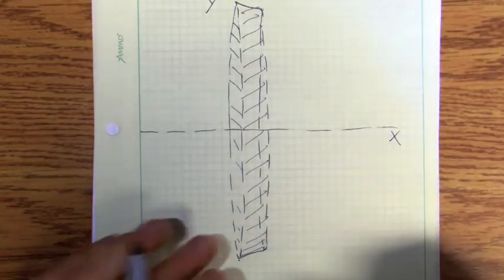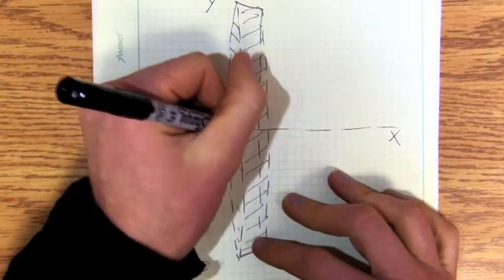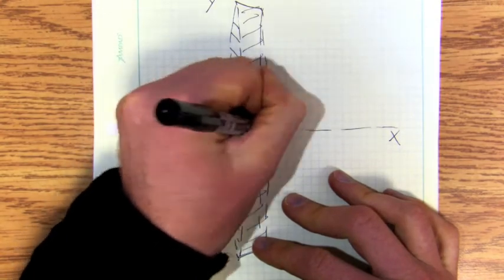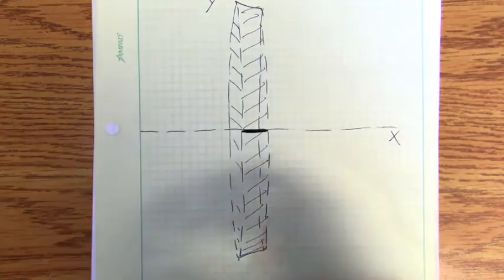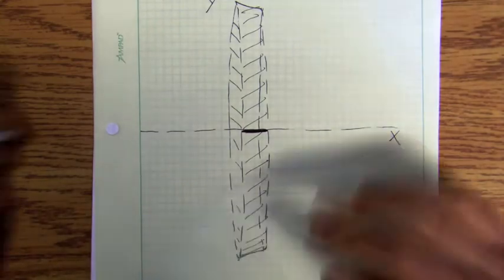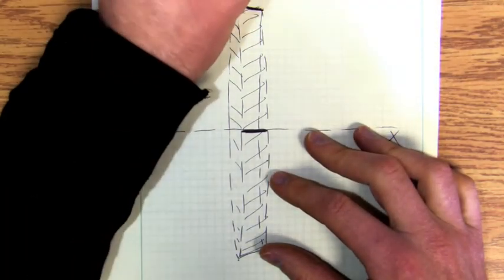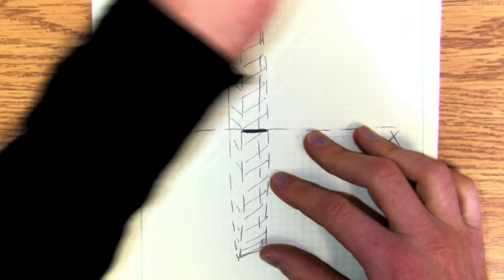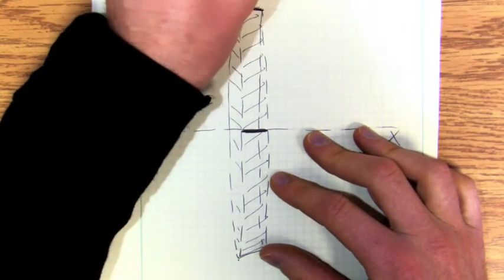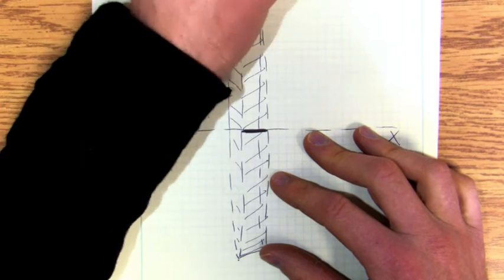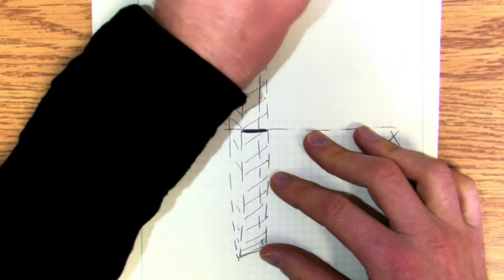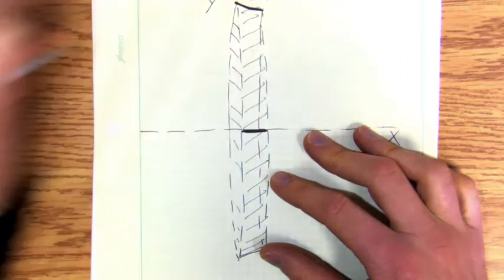This distance here is the same as up here. That distance there is going to be the square root of (dy/dx) squared plus 1, times dx.